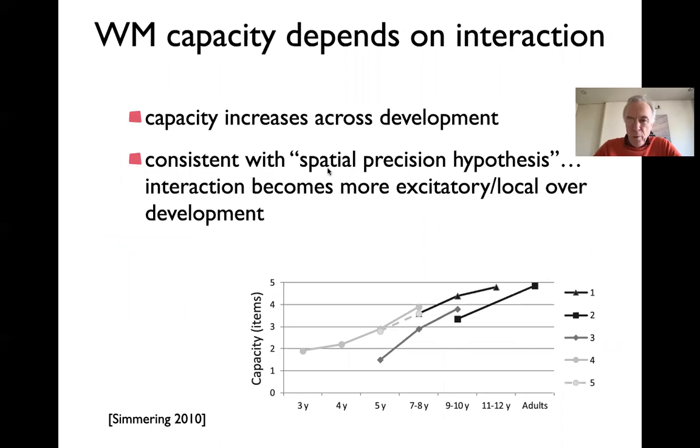There's very interesting work on the spatial precision hypothesis, which I didn't explain this time around. A former student of John Spencer did a very nice review on that, and she found that the capacity evolves with developmental age. Adults are around 4 and 5, and younger children are much lower, like 3-year-olds, with a capacity around 2.